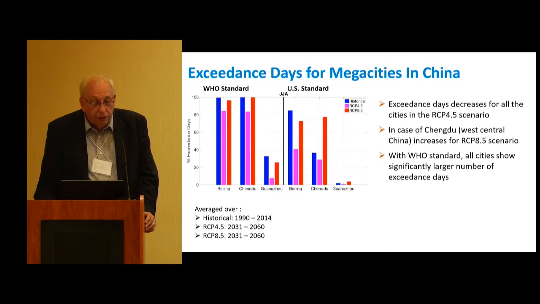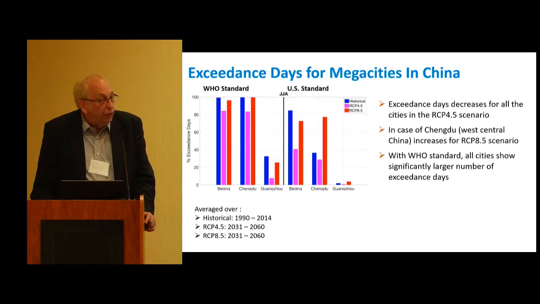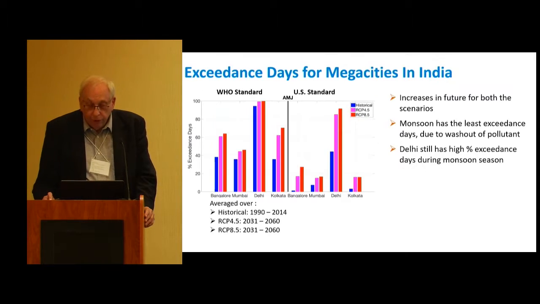Again, if we look at some of the cities, in this case for China, we see just what I mentioned: for RCP 4.5, there's generally a decrease, and about the same or an increase for the higher scenario. If we turn to India, both scenarios show an increase in the amount of ozone.